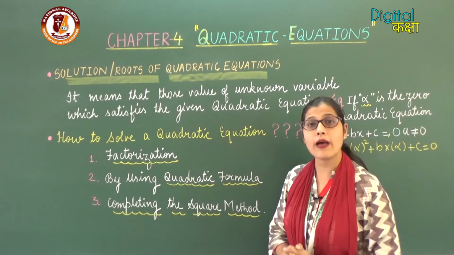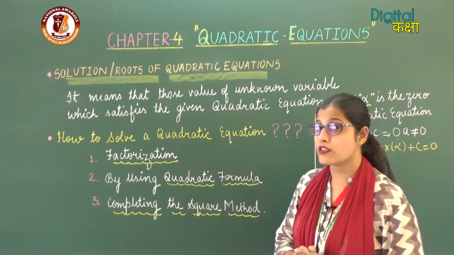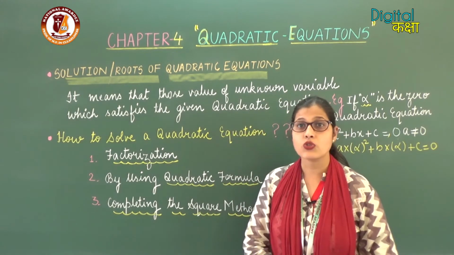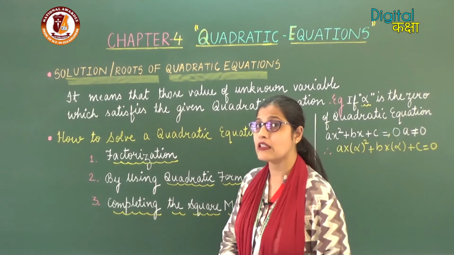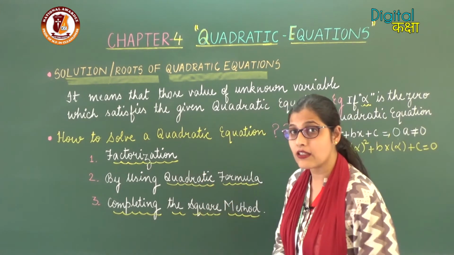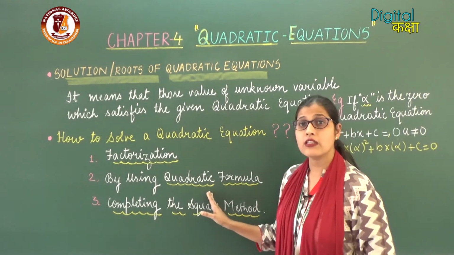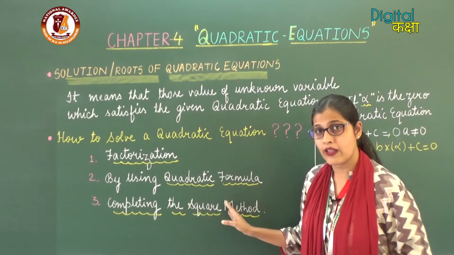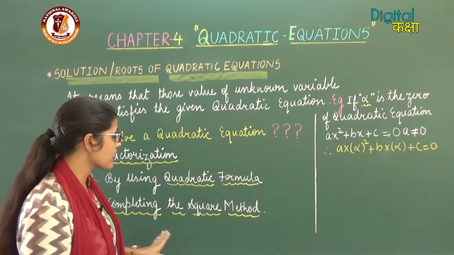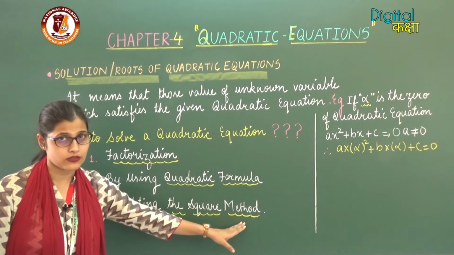Now, we will understand how to find the solution of the given quadratic equation. There are several methods of finding the solution of the quadratic equation. The first method is by factorization. The second method is by using the quadratic formula, and the third method is by completing the square method.